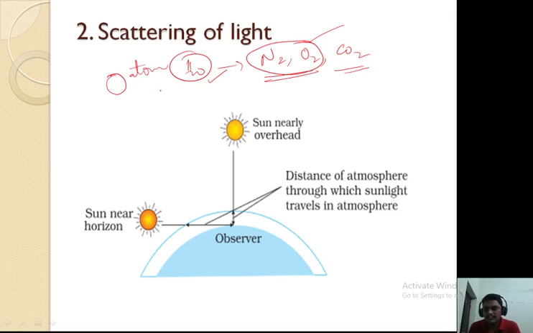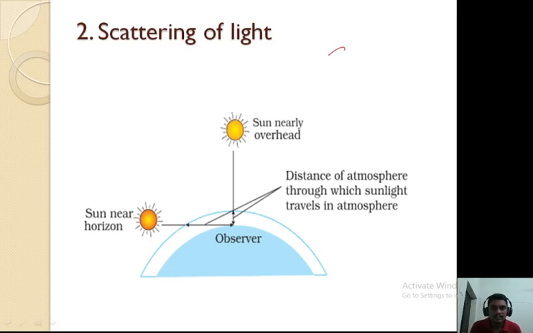When light is incident on the atom or molecule, some amount of light is absorbed and re-emitted in a different direction.